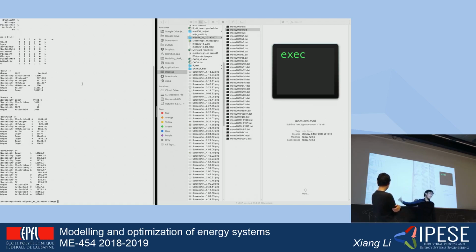You can look at the share between the different energy technologies and sources you're using. For example, here the boiler only appears in the extreme scenario, in accordance with the case that the boiler is just a backup for heating supply. So you can do some analysis on the result.